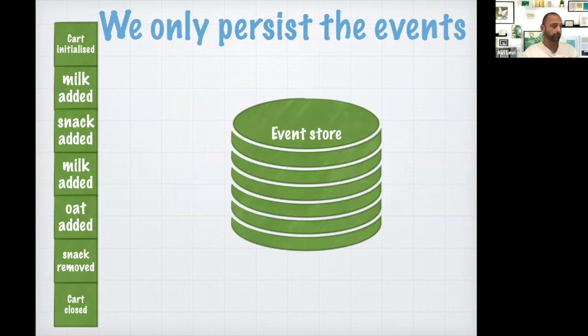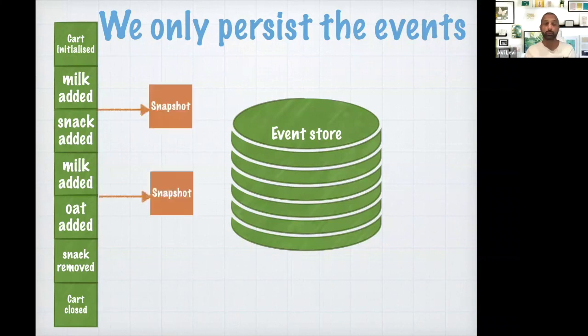And one might say that if we have a huge event store, if we take the bank account from the day I opened the bank, this can take a lot of time to fold all the events to calculate the state. So we can take snapshots once in a while.